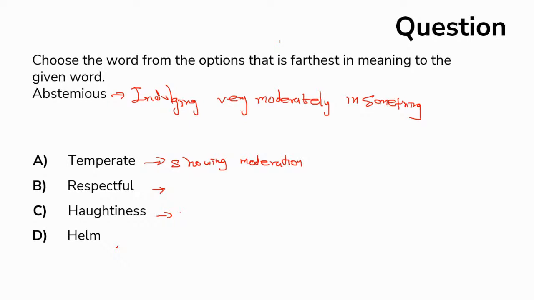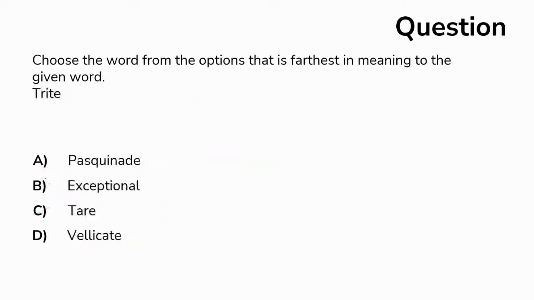Haughtiness, the quality or appearance of being arrogant, superior, or disdainful. That is also not being your answer. And helm is a tiller or wheel for steering a boat or ship. So this B option will be the answer for this. And moving on for the next one. Try to answer this one fast in the chat, guys.